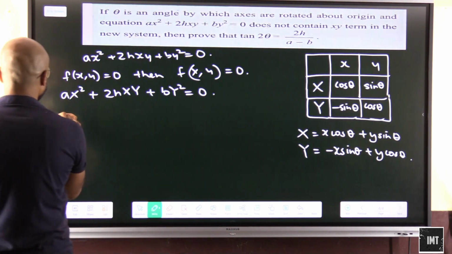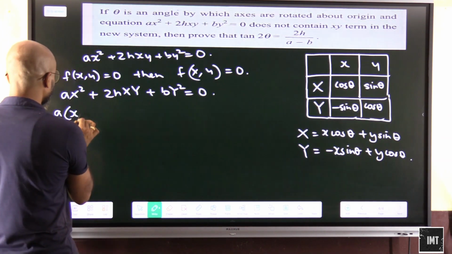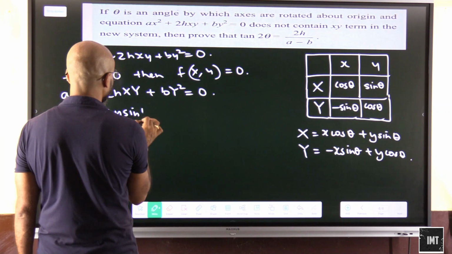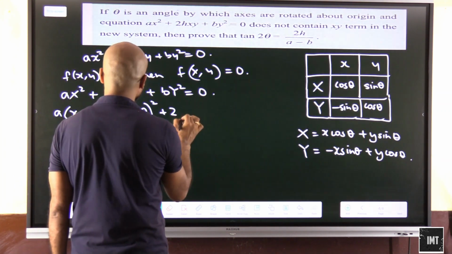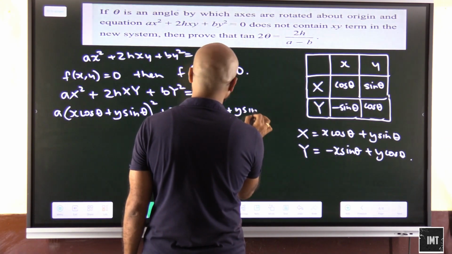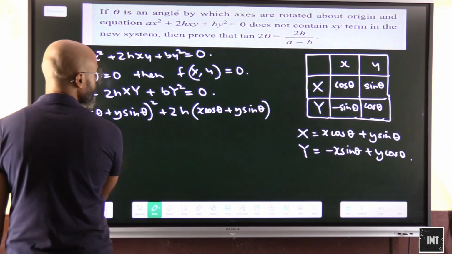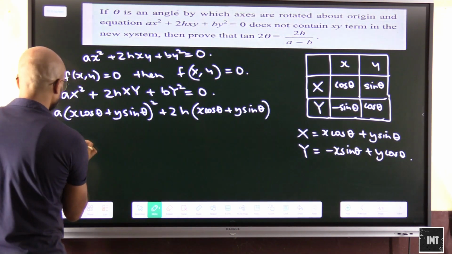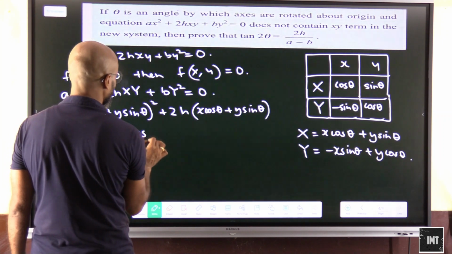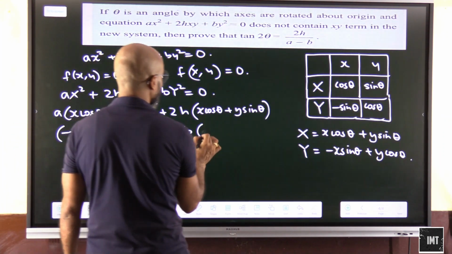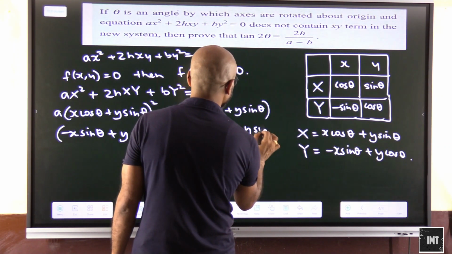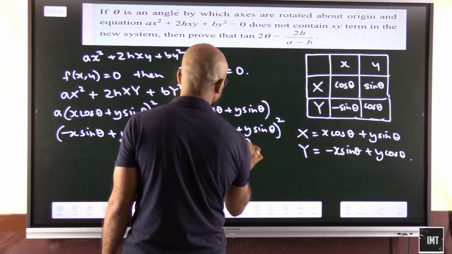Okay, so this will be a into x square, that is x cos theta plus y sin theta, squared, plus 2h into x, that is x cos theta plus y sin theta, into y, that is minus x sin theta plus y cos theta, plus b into y square, that is x cos theta plus y sin theta, squared, is equal to 0.